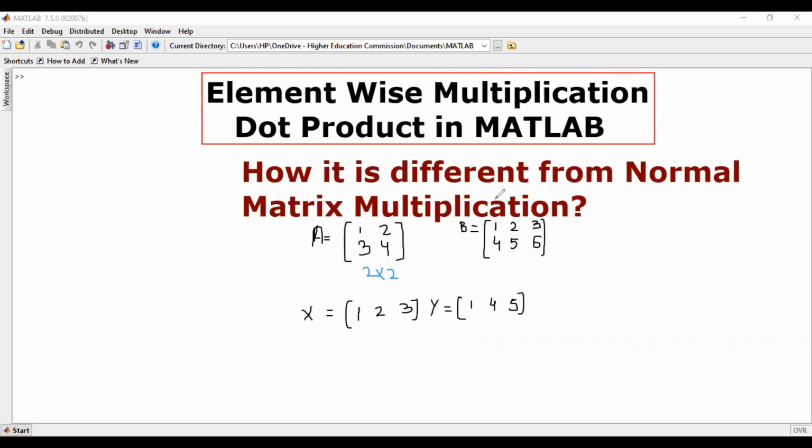And another matrix I have considered is basically a 2 cross 3 matrix, because it has 3 columns and 2 rows. And for multiplication of simple matrices, the rule is that the columns of the first matrix must match the rows of the second matrix. That means in this specific example, it is being matched.